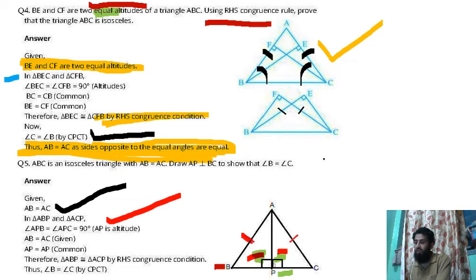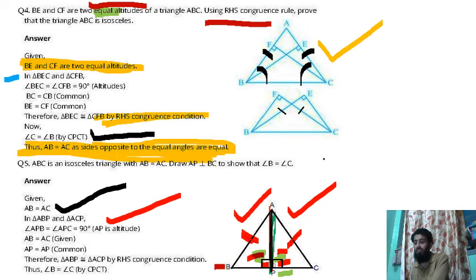Also, it is given that AB and AC are equal because it is isosceles. And this side AP is a common side. That means in these two triangles, the hypotenuses are equal, the right angles are equal, and one of the sides is also equal.